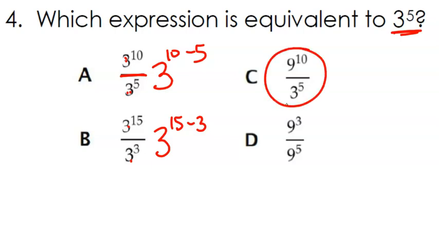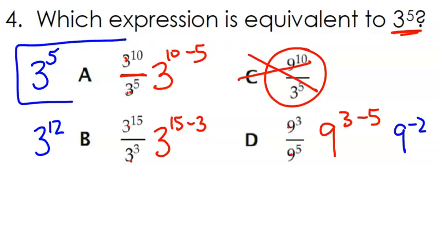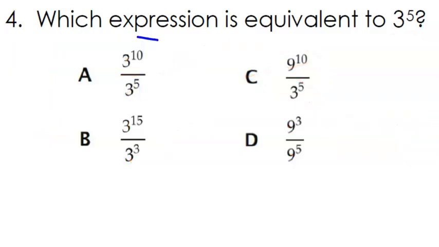Letter C has different bases, so we can't perform a shortcut here. And letter D has the same base, keep the base the same, and subtract the powers. So for letter A, we would get 3 to the 5th, B would be 3 to the 12th, and D would be 9 to the -2nd. So letter A is the match.